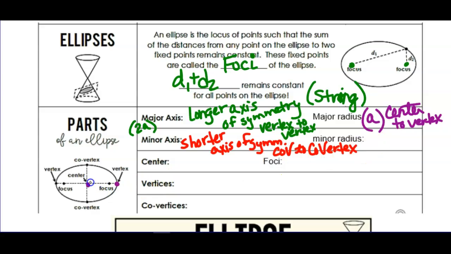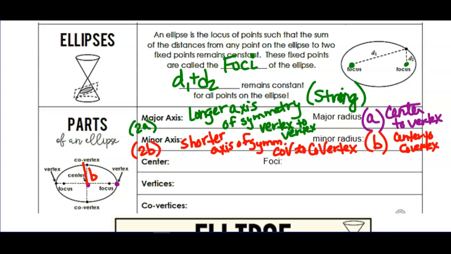And so the minor radius is the B value from the equation, or it's from the center to the co-vertex, sorry. So the minor axis is the length, complete length is 2B.